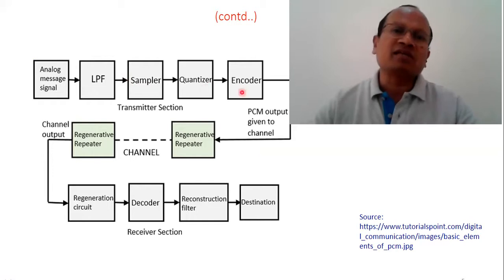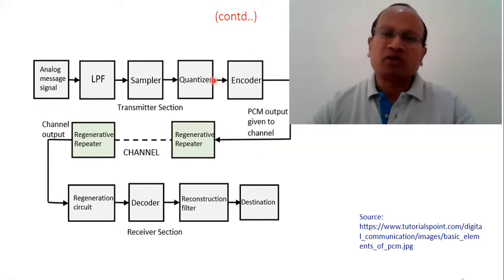It goes to the quantizer, where the quantized output, the approximated signal, is generated, and then an encoding mechanism is applied to the quantized output. Then the signal is finally converted into a stream of bits, and that stream of bits is communicated via a channel.